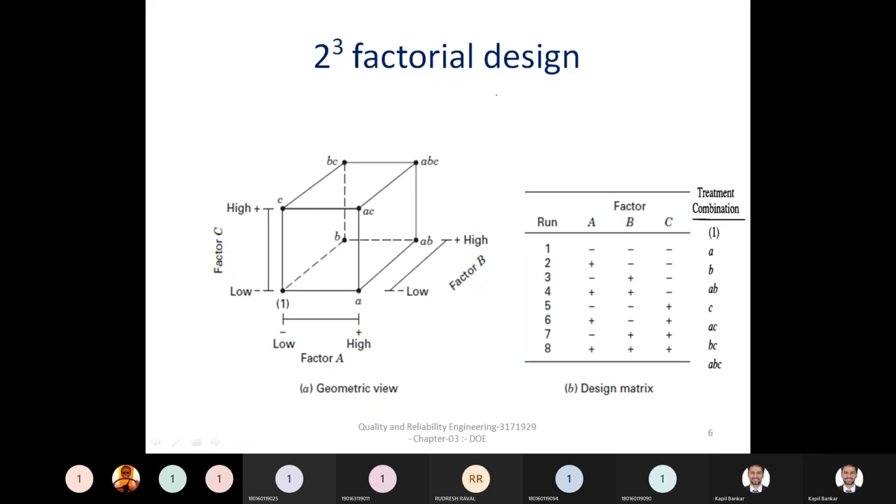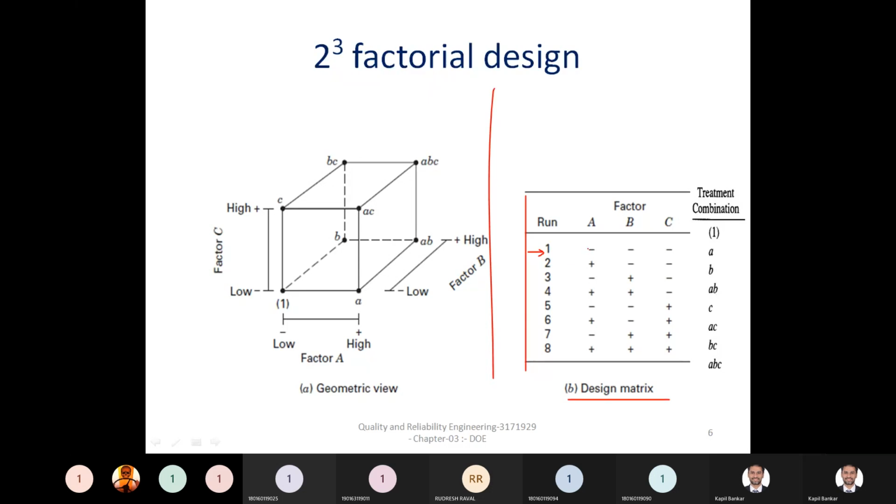Okay, now focus on the design matrix. Here the experimental runs are there, and here the different combinations for your experiment. How can you elaborate this design table? Take this first experiment, in which you have to set your factors at this level.